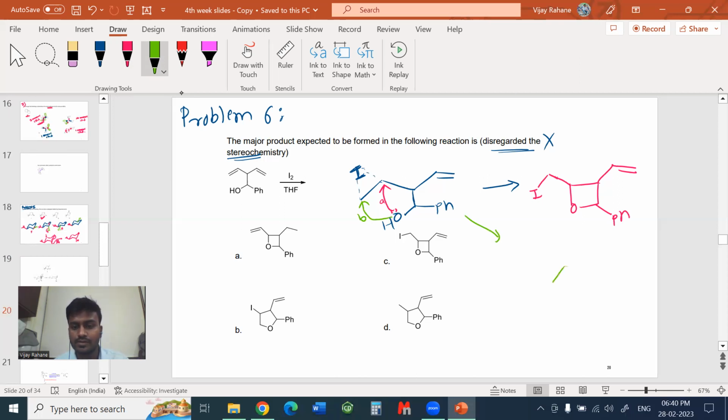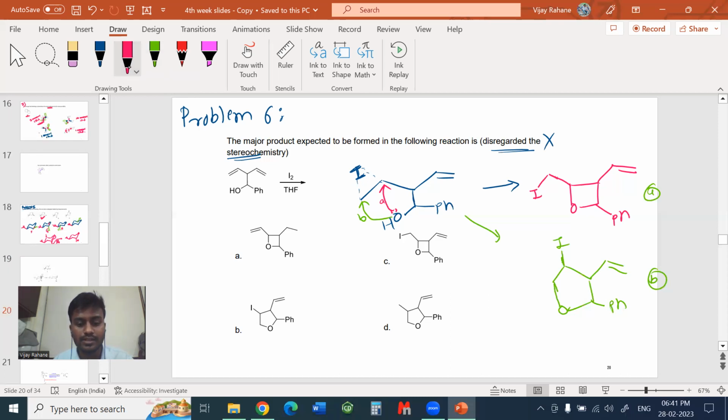So these two are the possibilities, option A and option B. These two products are obtained from this one. But if you see this structure, the 4-exo-tet is favored according to the Baldwin rule.